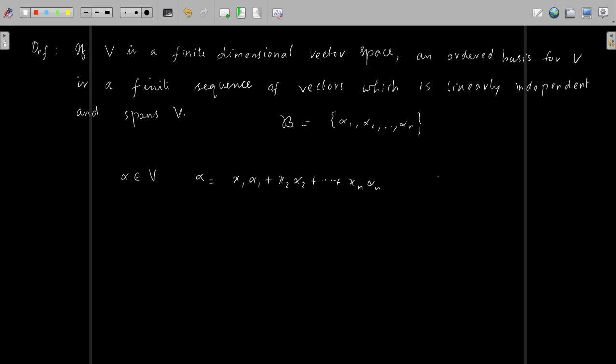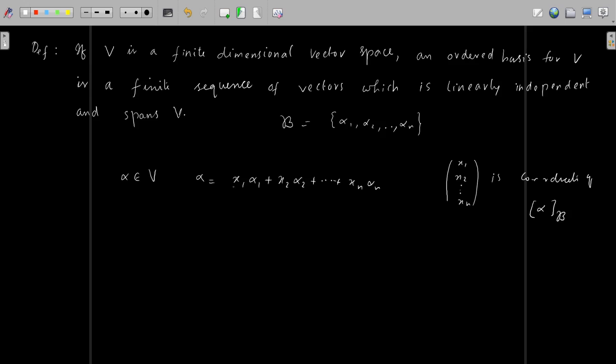Over here, the tuple or the matrix x1, x2, etc. of coefficients is called the coordinates of alpha with respect to the basis B.